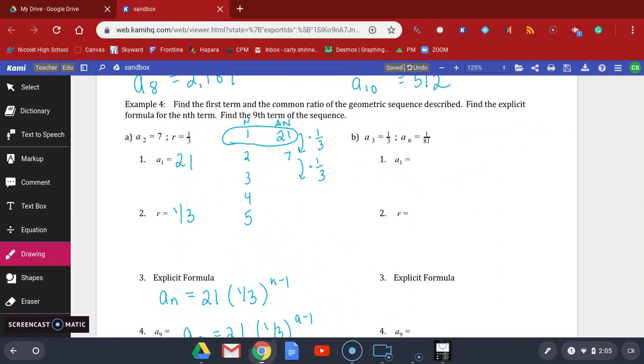So let's see what's going on here. I give you a 3rd and a 6th term. So 1 over 81, and then I've got 1/3 over there for the 3rd term. In order to figure out my first term, I really have to figure out what my ratio is.